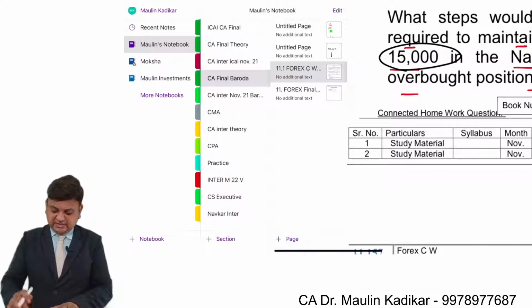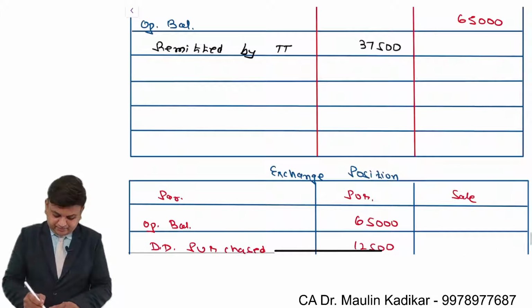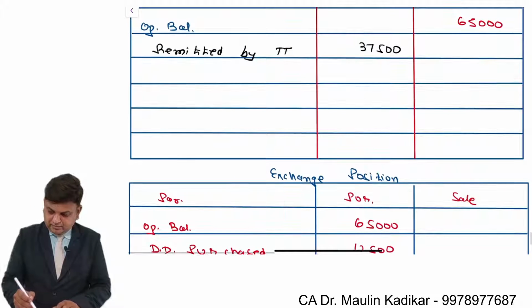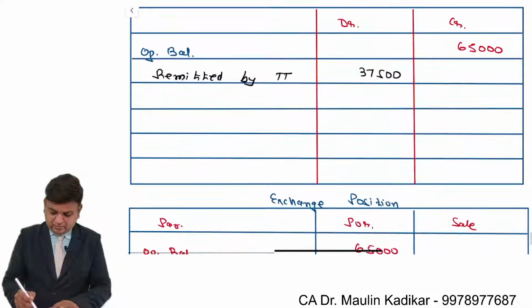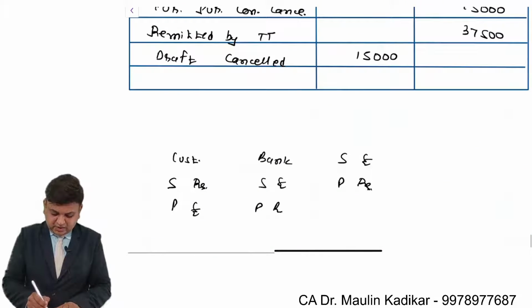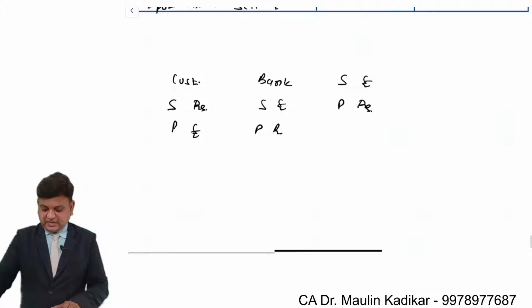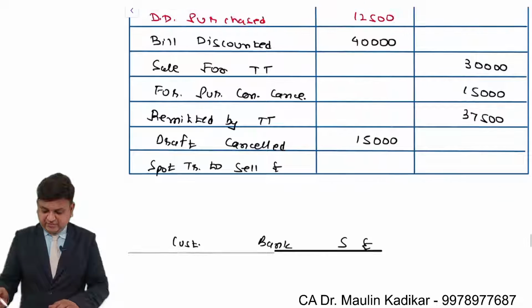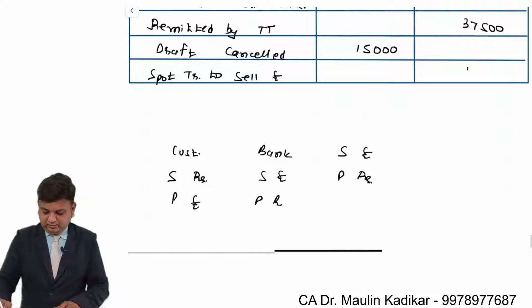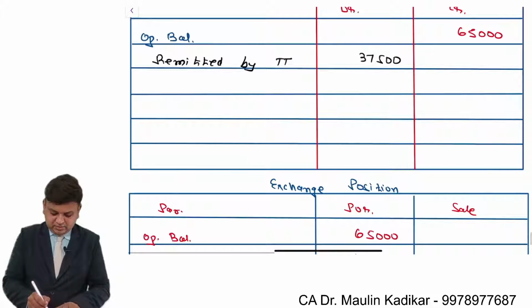So we understand that we enter a spot transaction to sell pound, that is an amount of 12,500.